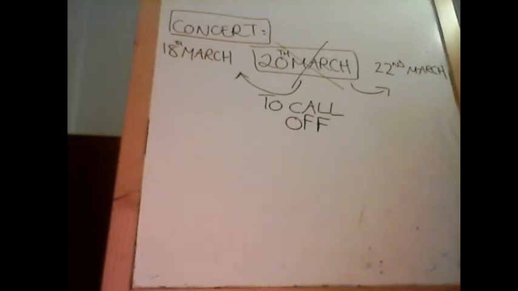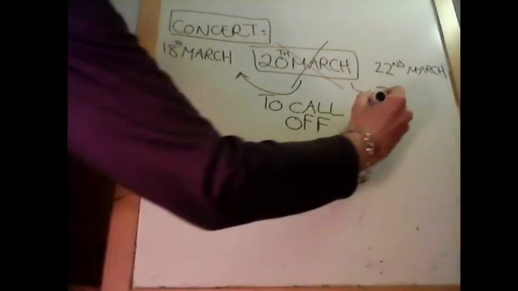Okay. Another possibility that can happen to an event at the moment is that it isn't called off, but it is simply sent to a later date, what you would say in Italian, rimandato, posticipato. In English, what we say in this case is the concert is put off.